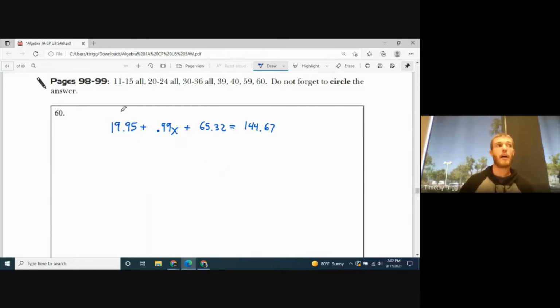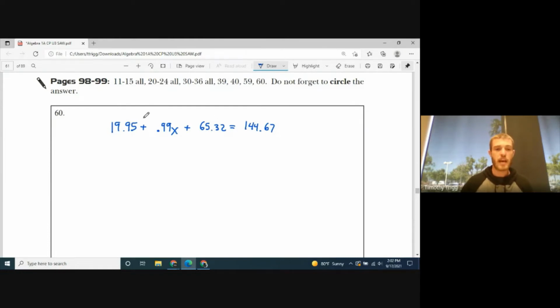Hopefully you can see that on the left side of the equation, we can combine these two like terms, 19.95. We could add that to the 65.32. Since they both don't have x, they're just constant numbers, we can combine those. So 19.95 plus 65.32.